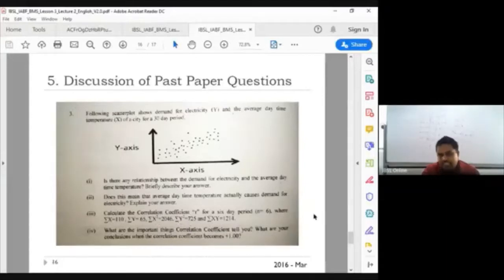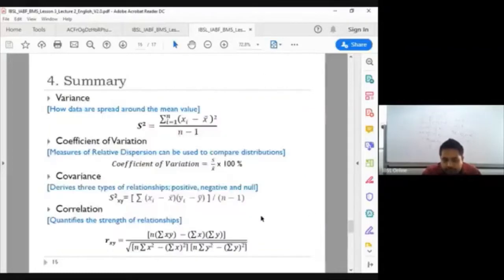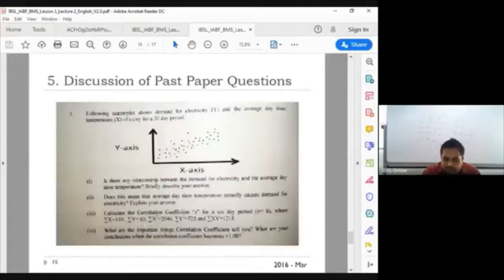Now students, if you could keep that equation in a corner of your mind, you could easily score 5 marks here. This is nothing to be written on opinion, nothing to be written on judgment or explaining, just by applying the equation that we learned a moment ago on the correlation coefficient. That is the answer for this one.